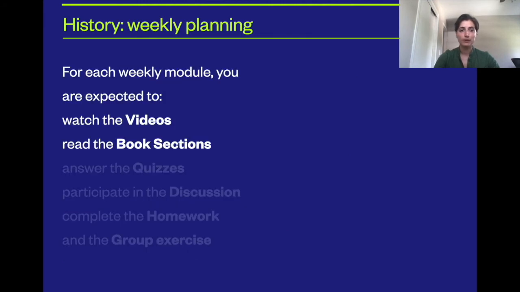Then the weekly planning. What are you expected to do every week during this course? You're expected to watch the videos in which the content and the theory will be presented. You are expected to read the book sections indicated. There will be a specific assignment telling you which book sections I expect you to read. You are expected to answer the quizzes.